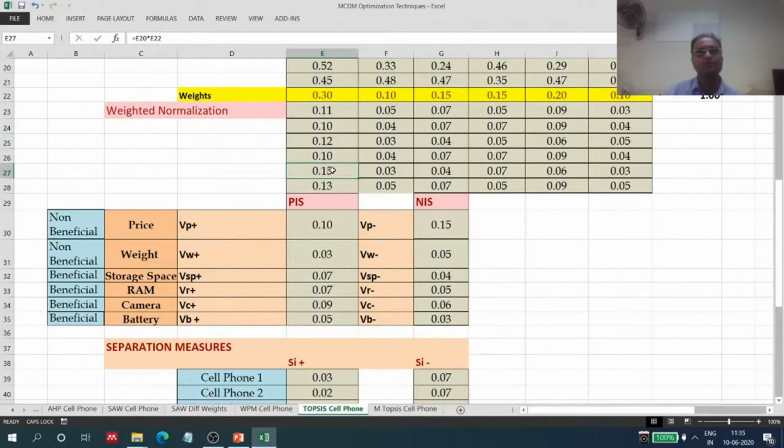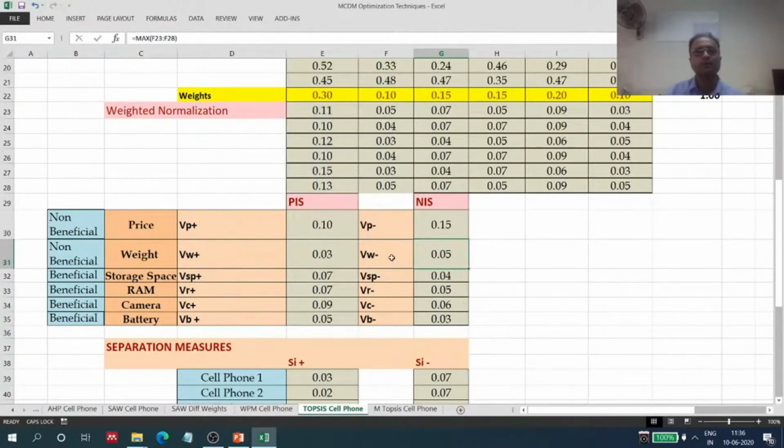So definitely this is the worst as far as all these alternatives are concerned. That's why for price the negative ideal solution is the maximum of all these weighted normalized values.